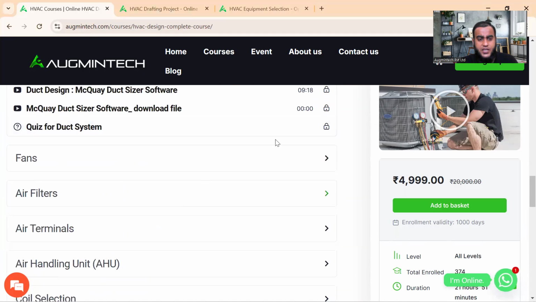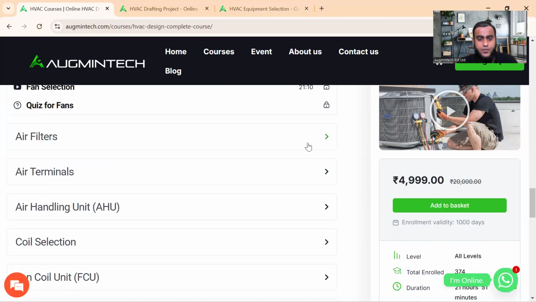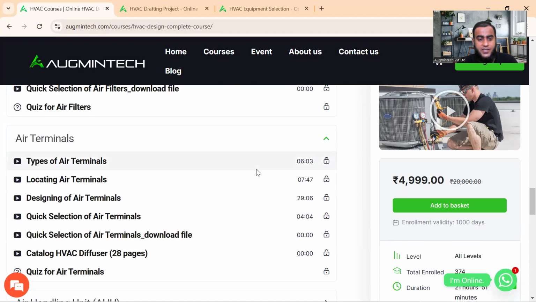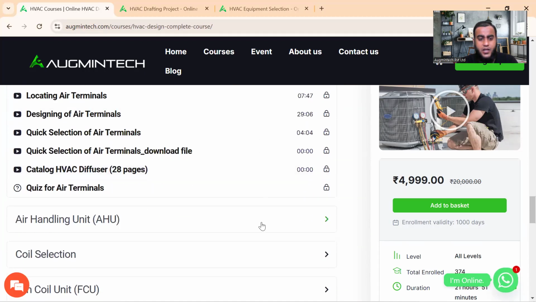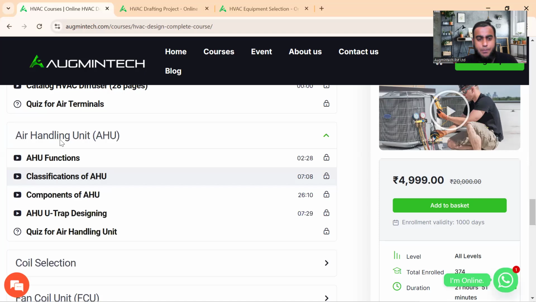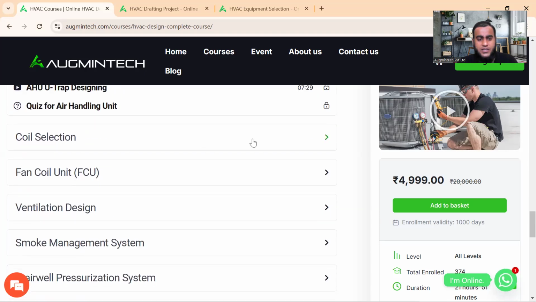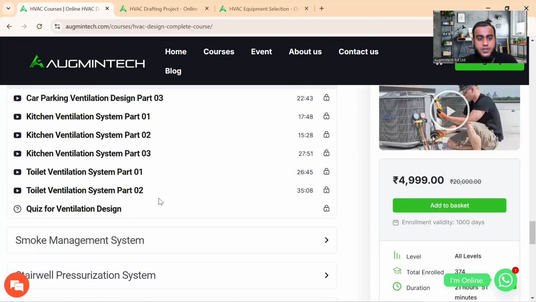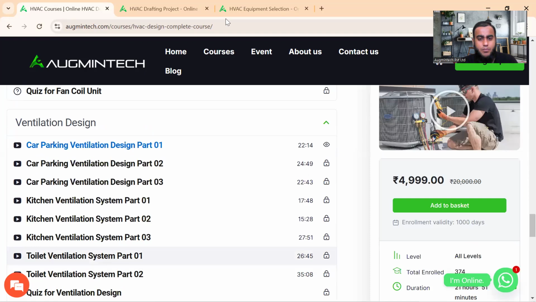Fan selection, air filter design and selection, air terminal design and selection, diffuser and grill selection, how to find out the capacity of the air handling unit, coil selection, FCU selection, their working. In the ventilation system, we'll discuss car parking, toilet, each and every thing.